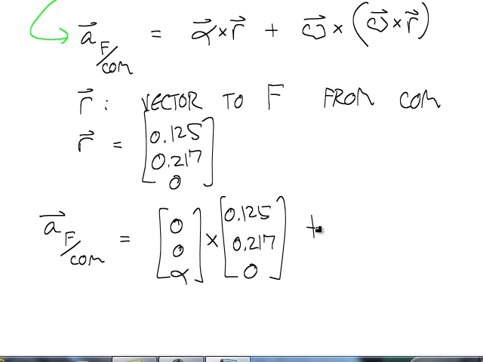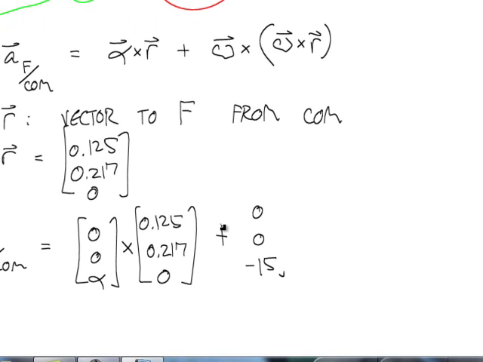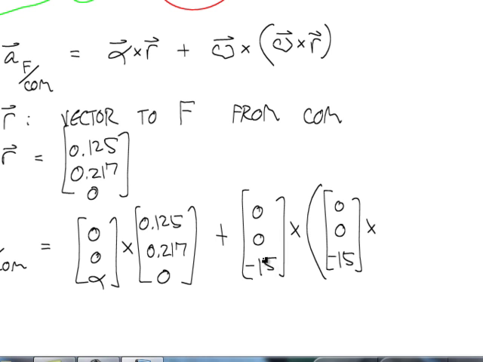Okay, so plus 0, 0, minus 15 crossed with 0, 0, minus 15 cross 0.125, 0.217, 0.